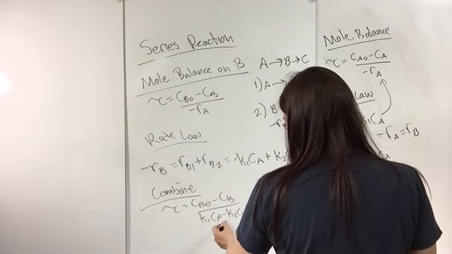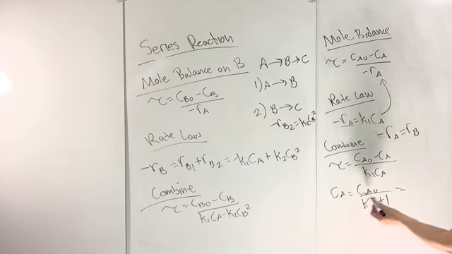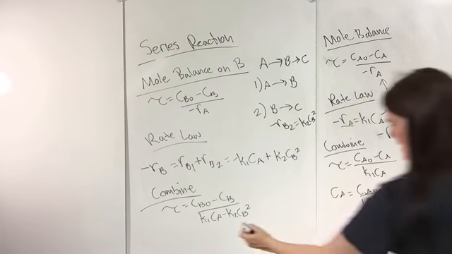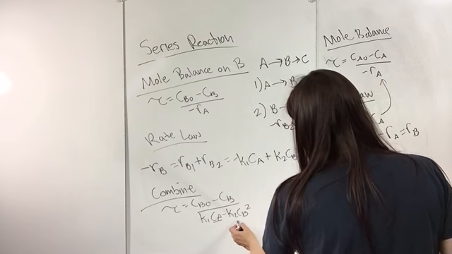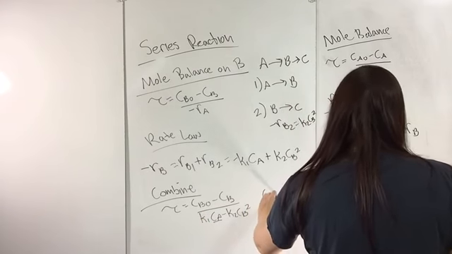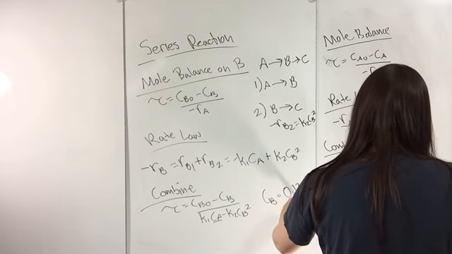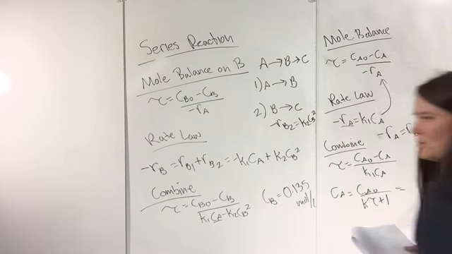But you know what everything is, so you know CA because you can calculate it here, because we know everything we need to calculate CA. And I can't remember what it was, but you just calculate CA, plug it in here. We know K1 and K2. We know CB naught, and we know tau. So anyway, for CB, you end up getting 0.135 moles per liter.